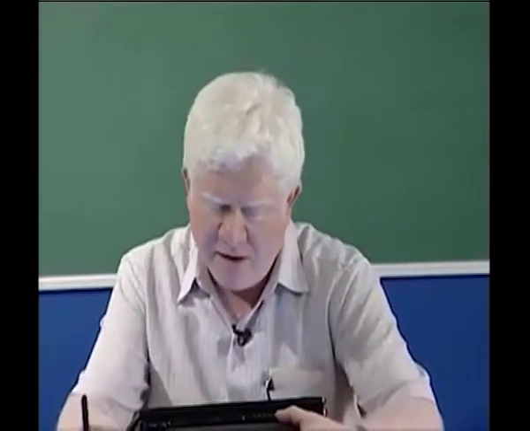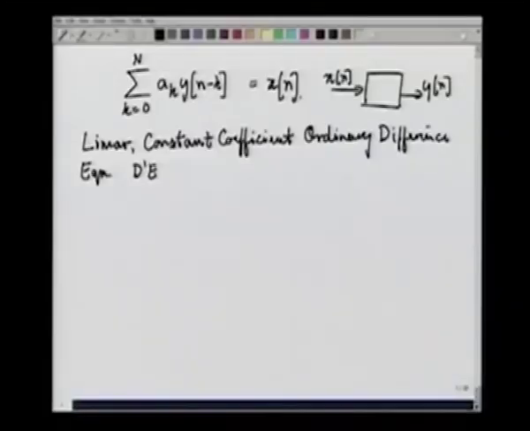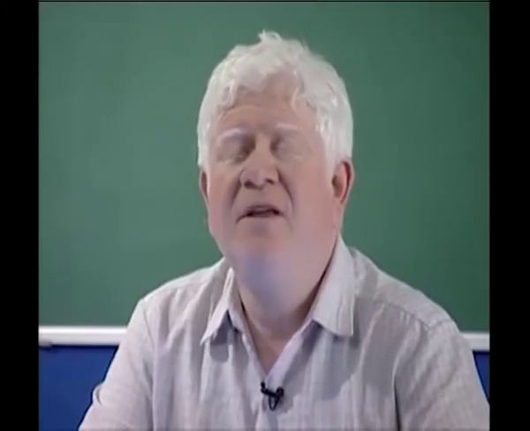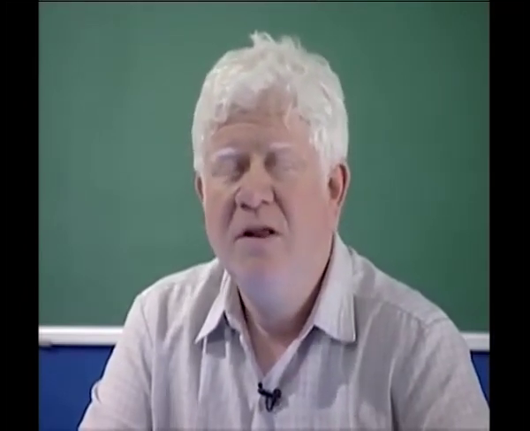So, how do we solve a linear constant coefficient ordinary difference equation? The steps we have to go through are going to be very similar to those that we followed when we solved the linear constant coefficient ordinary differential equation. We start by seeing if there is any special sequence which is invariant to the process of differencing.